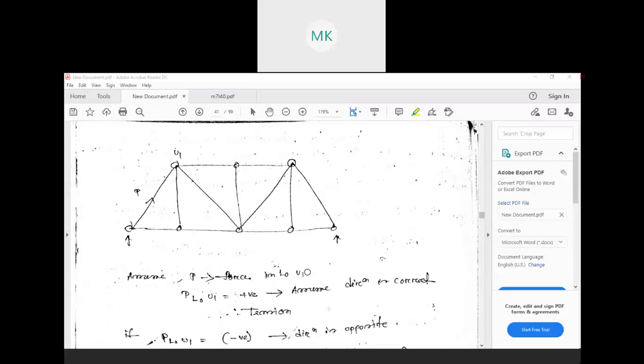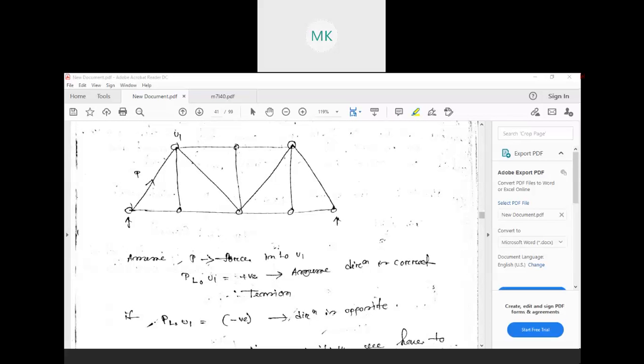So here you see. If we assume a force in this member, say we name this point as L0 and this as E1, so P force in this member L0 E1, we are assuming a force just for explanation. If the assumed direction comes out positive, then we can say that this member is subjected to tension.